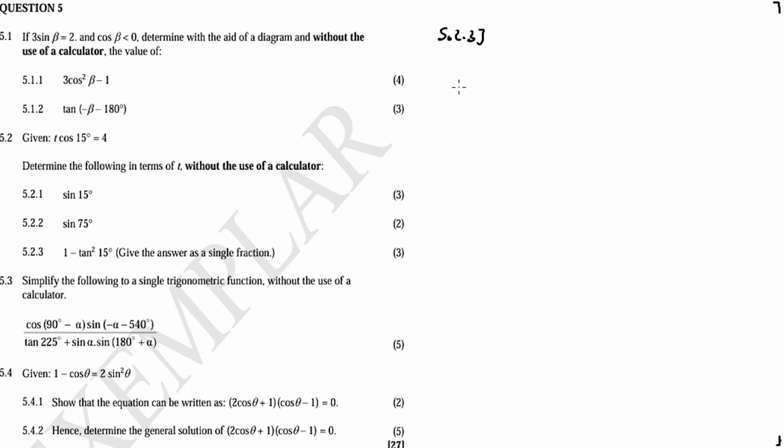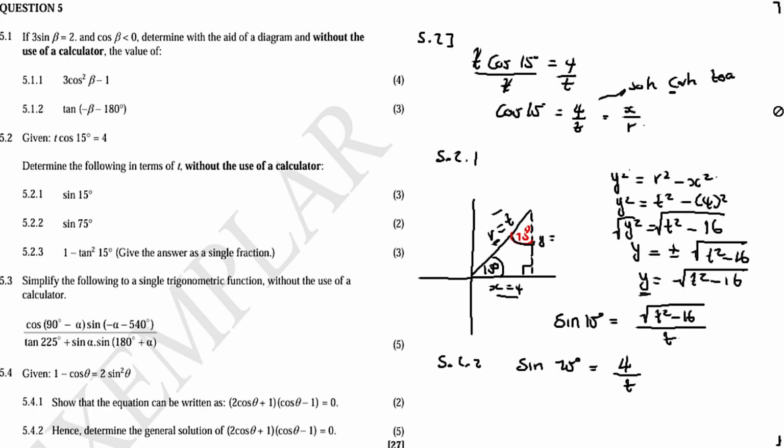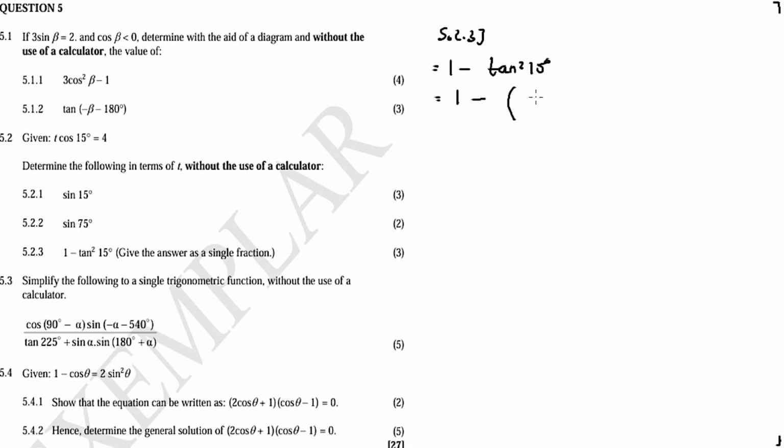5.2.3, we have 1 minus tan squared 15 degrees equal to. Then 1 minus open bracket tan squared 15 degrees. From the sketch, tan 15 degrees is y, opposite over adjacent, SOHCAHTOA. So it's going to be y over x, opposite over adjacent.